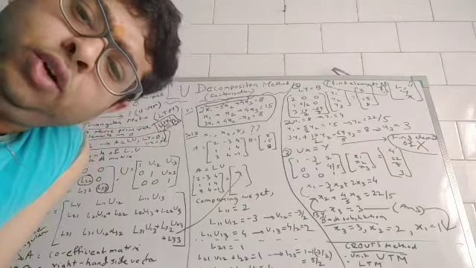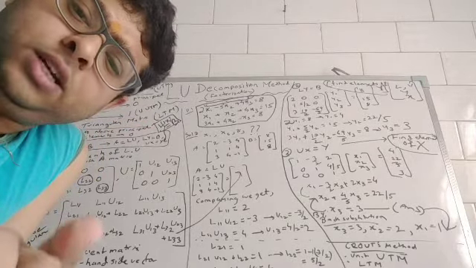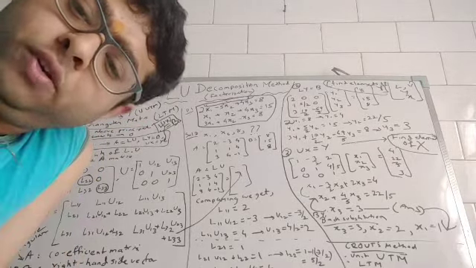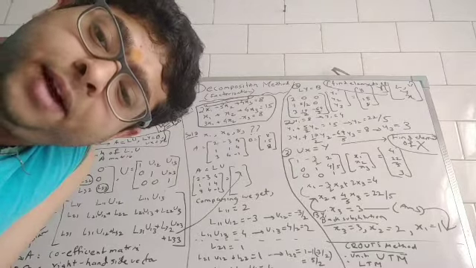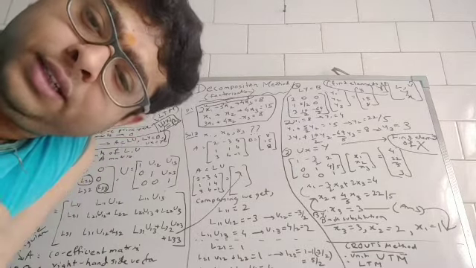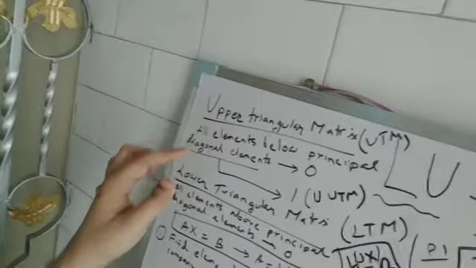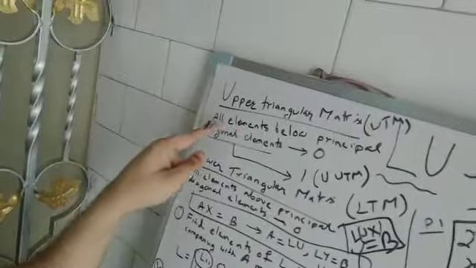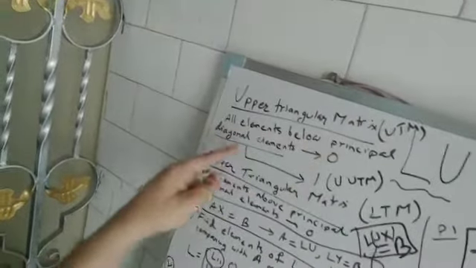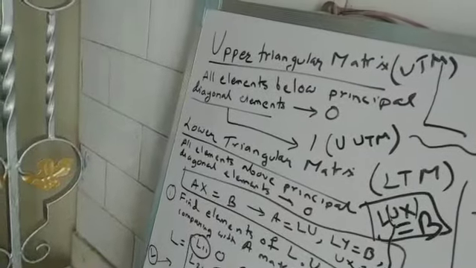Before starting the method, one thing you need to know: what is an upper triangular matrix and what is a lower triangular matrix. You can write it down. In an upper triangular matrix, which I have written in short as UTM, all elements below the principal diagonal elements are 0.